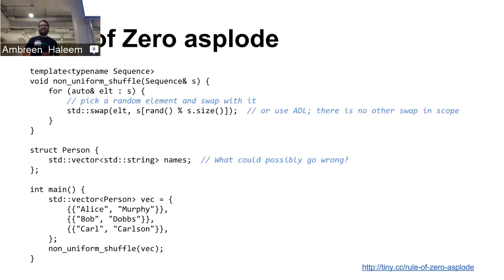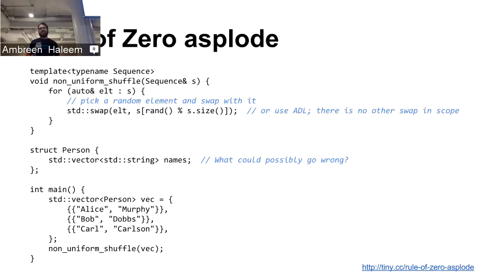All right, so let's get to what I consider the most interesting part of this talk, which may not be saying much. Here we have some code. This is code sort of reduced from a GCC bug report. We have a class person that has a member of type vector of string.